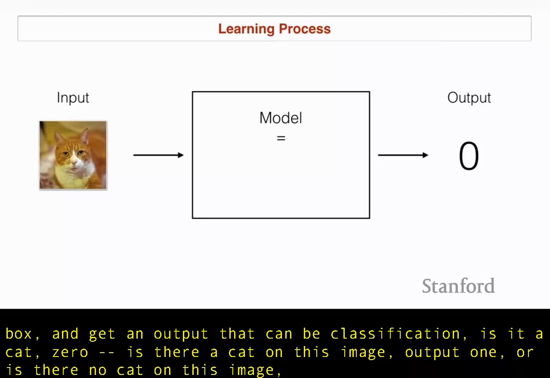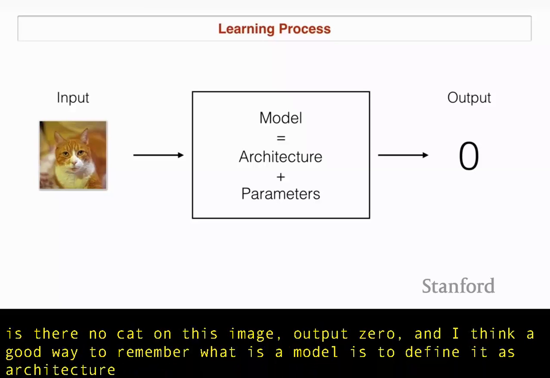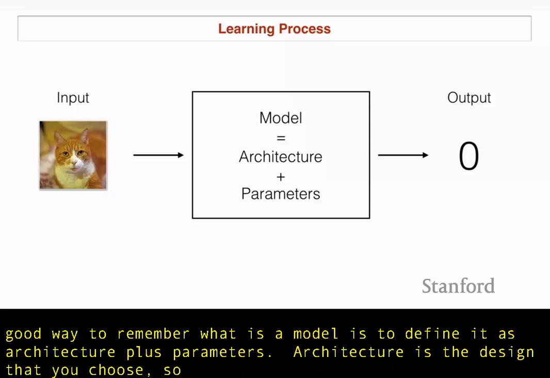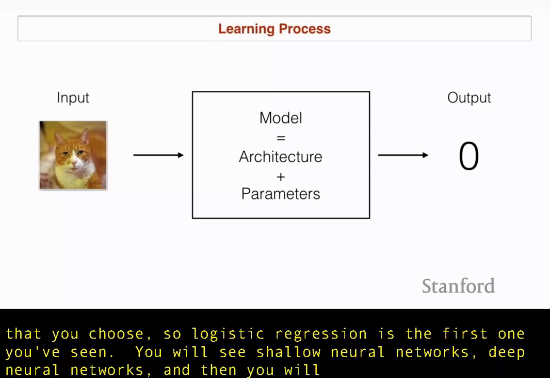And I think a good way to remember what a model is, is to define it as architecture plus parameters. Architecture is the design that you choose. So logistic regression is the first one you've seen. You will see shallow neural networks, deep neural networks, then you will see convolutional neural networks and recurrent neural networks.